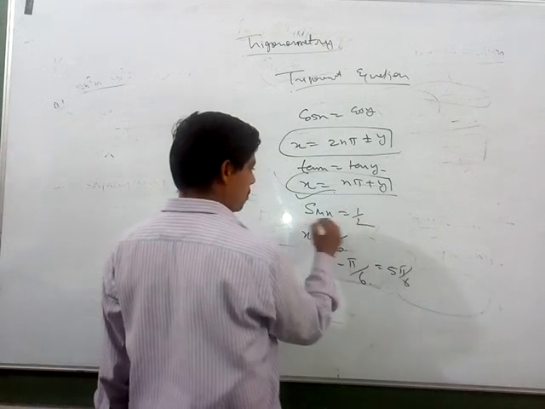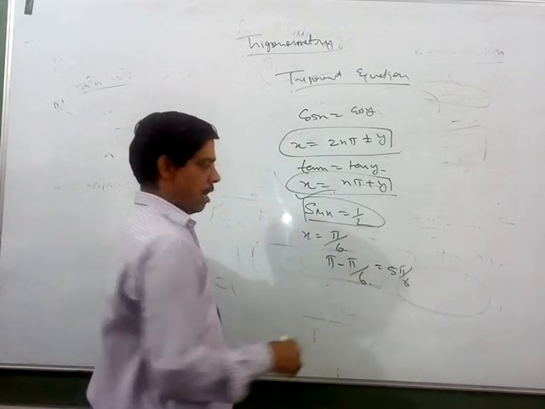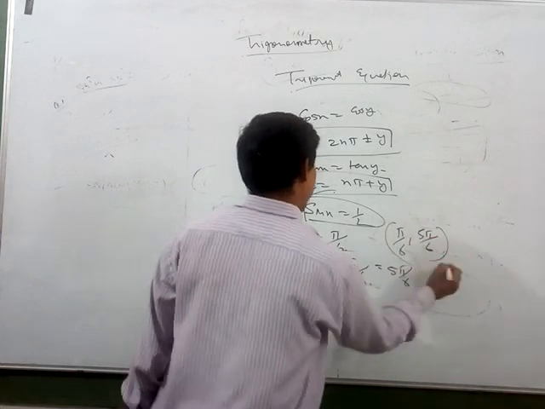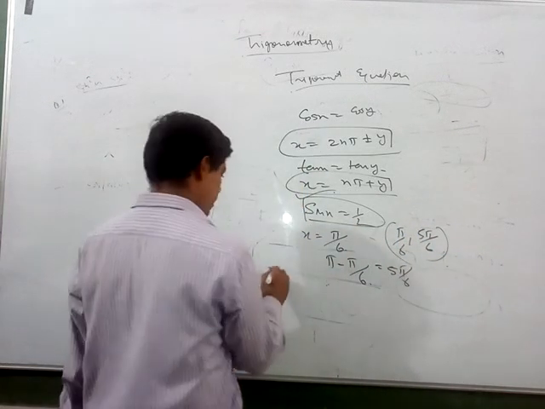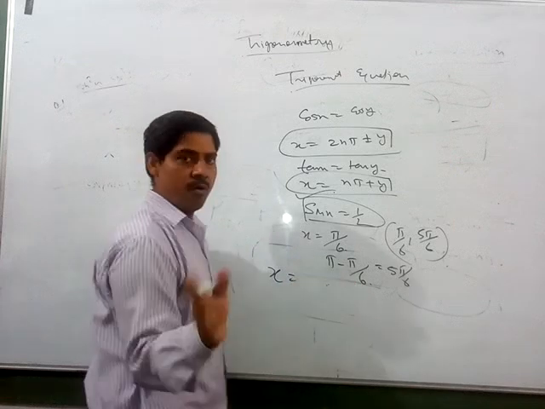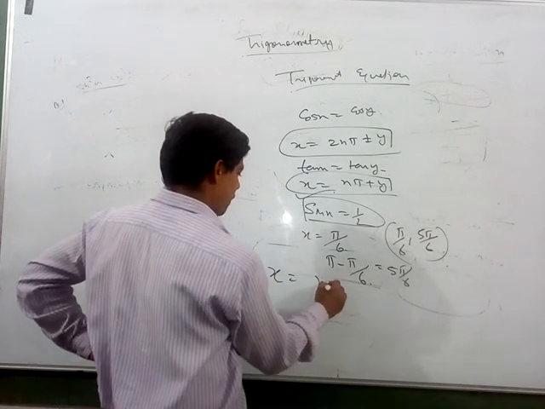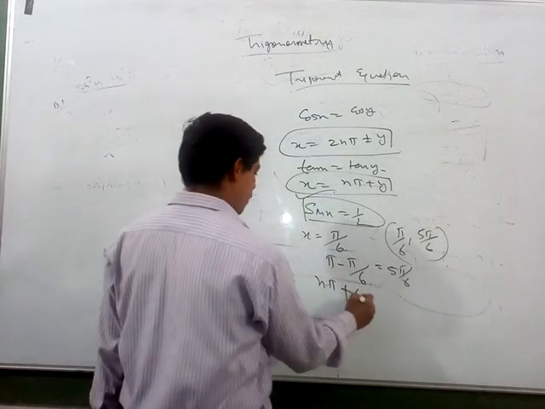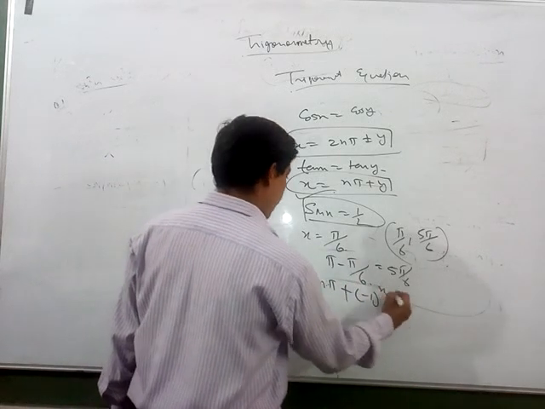So the principal solutions for this equation are pi by 6 and 5 pi by 6, and the general solution for this equation is x is equal to, using the formula that we just learned, n pi, you can select any of the principal solutions for y, and you write minus 1 to the power n pi by 6.